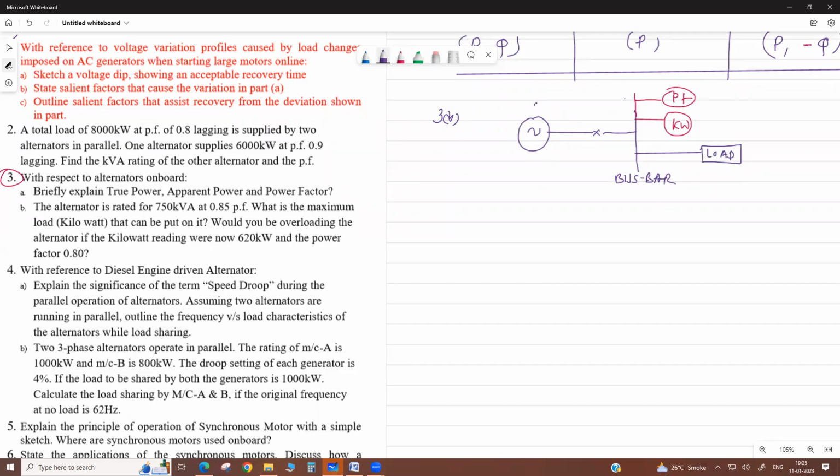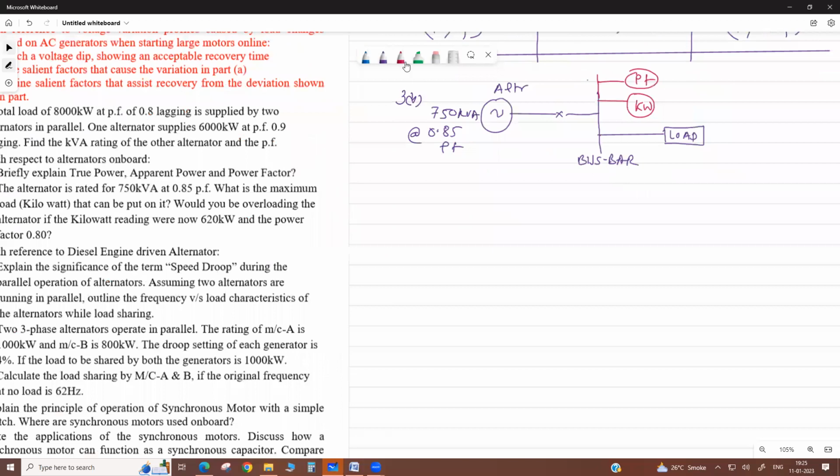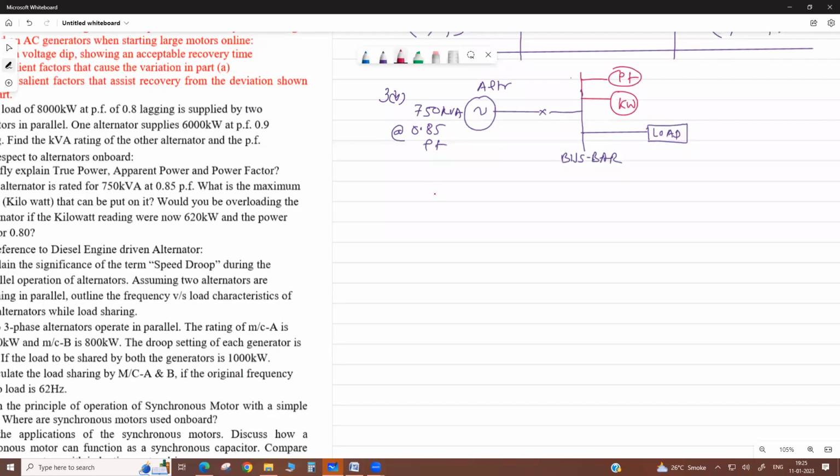Now this alternator is given a 750 kVA rating at 0.85 lagging power factor. We ask what is the maximum kilowatt load that we can put on the alternator without overloading it at this power factor. This is the first part of the question.